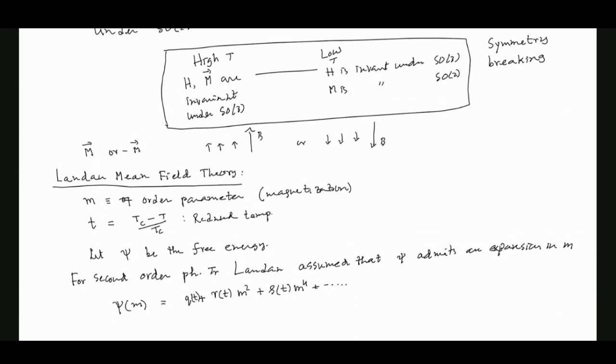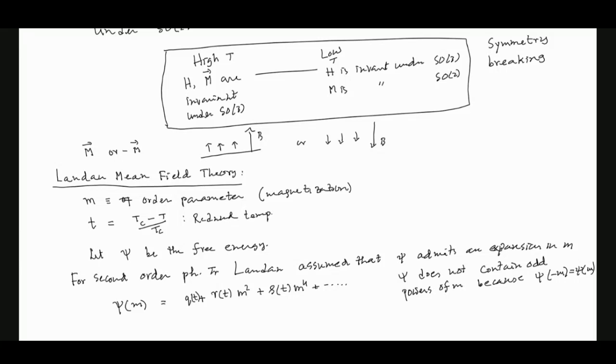So this kind of an expansion is what Landau assumed. Why this kind of an expansion? Because psi does not contain odd powers of M, because psi of minus M should be equal to psi of M. This is the symmetry that I am talking about.